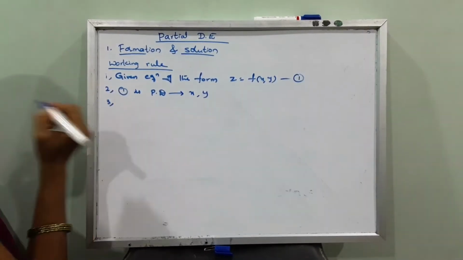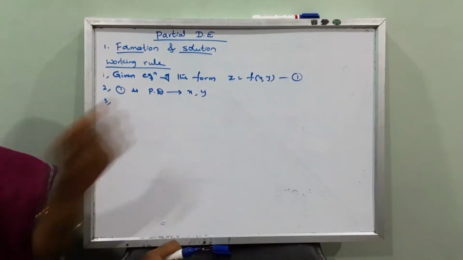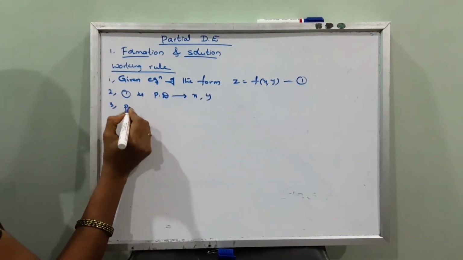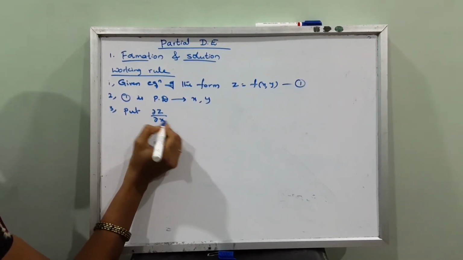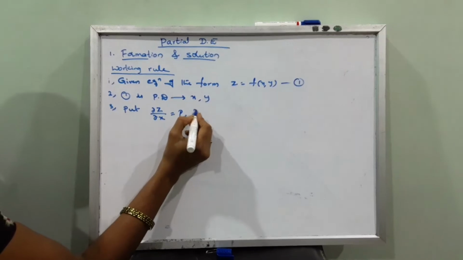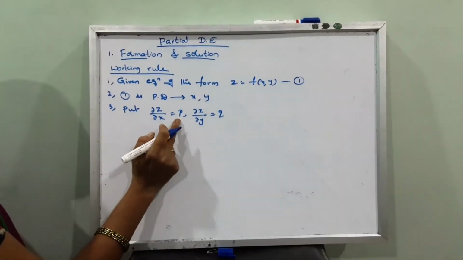Now the third step: we will get dou z by dou x and dou z by dou y. Put dou z by dou x is equal to p and dou z by dou y is equal to q, small p and small q.